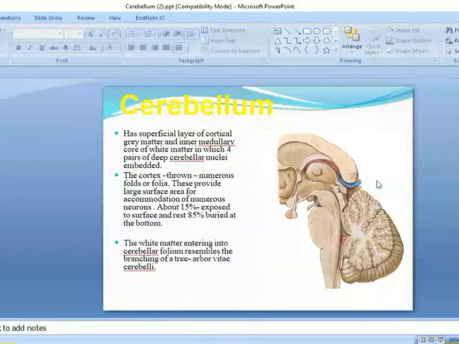Okay, so large number of neurons can be accumulated in the small space because of the large number of folding or folium or fissure. Okay, so only a small part you can see on the surface, and the rest is buried inside. So white matter is entering in this gray matter, and it resembles the arbor vitae cerebelli.